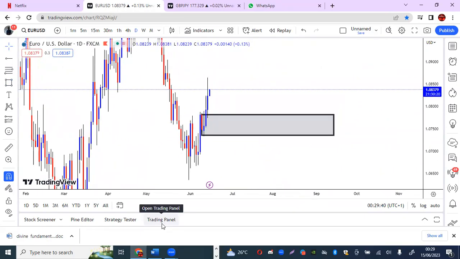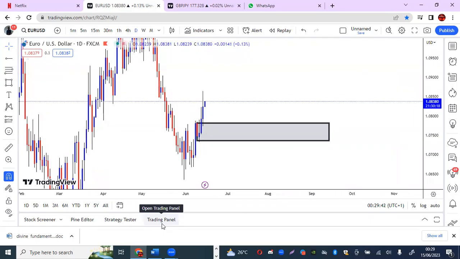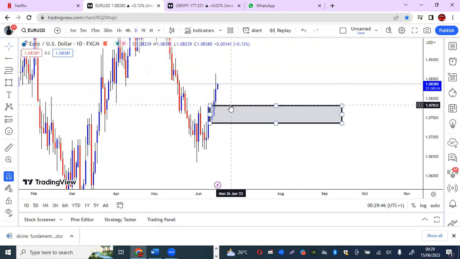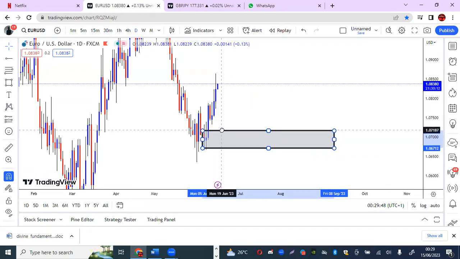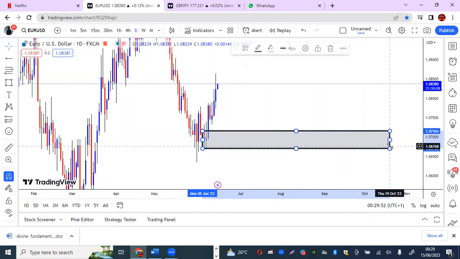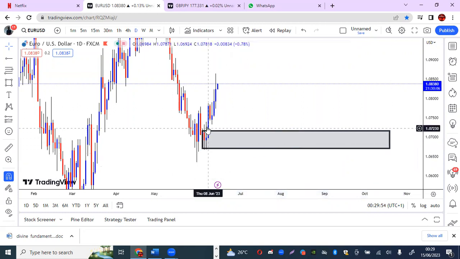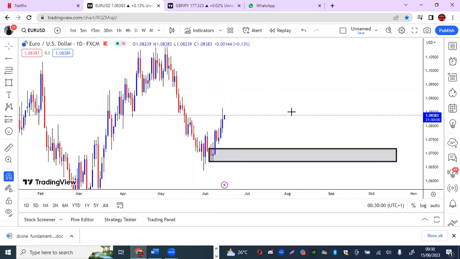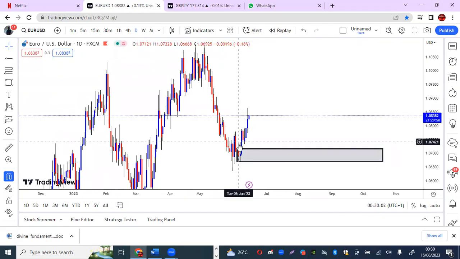This is a zone. This is also a zone. This is also a zone here. We have a strong departure. Actually, this is the right zone for it. This is the zone.